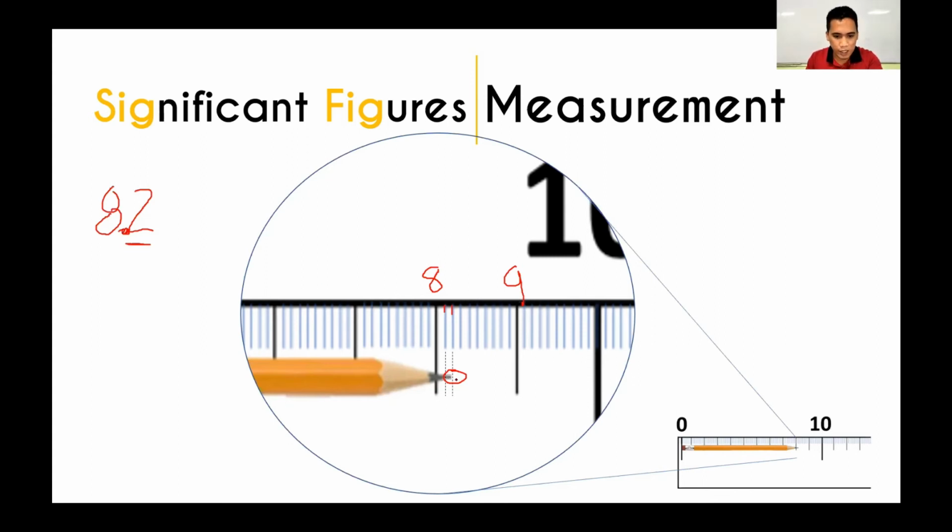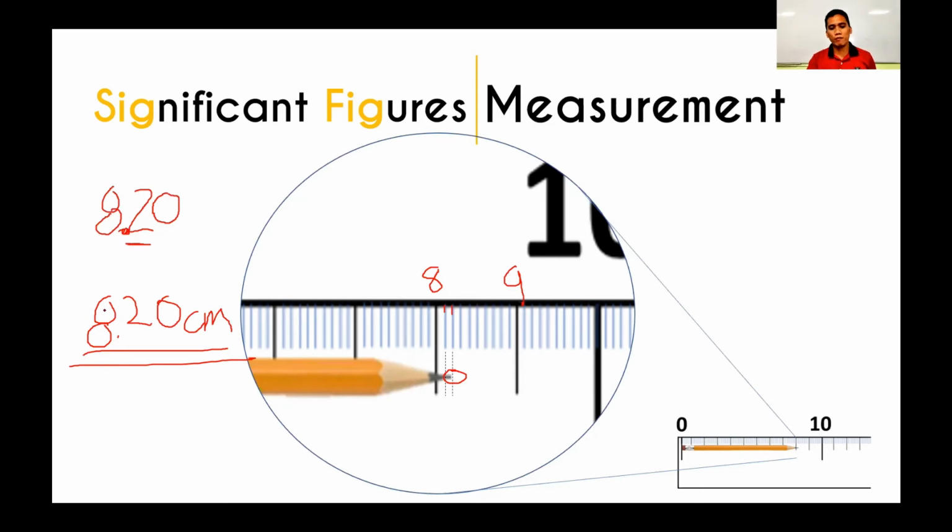Since the tip is right on the second line, we assume or estimate that it is equal to 0. So therefore we can say that this measurement is equal to 8.20 centimeters. That is the measurement of this specific example.